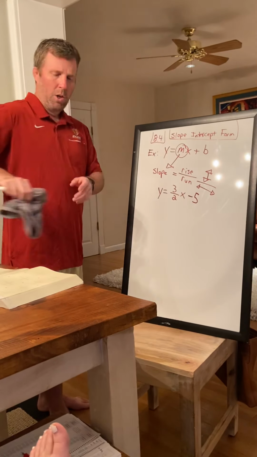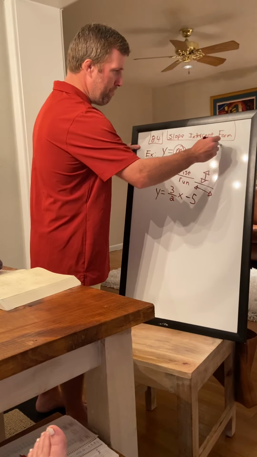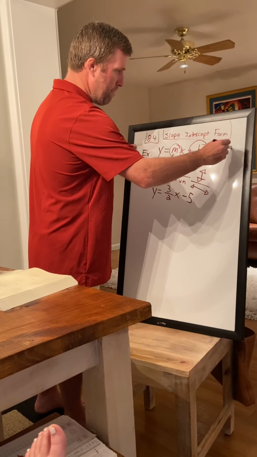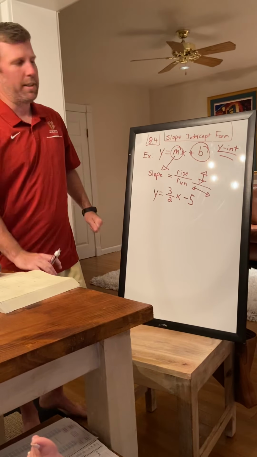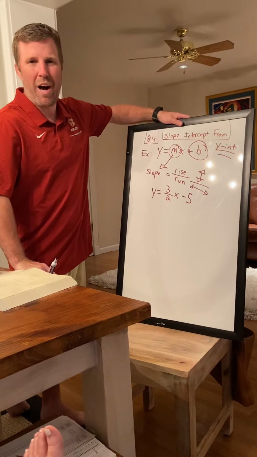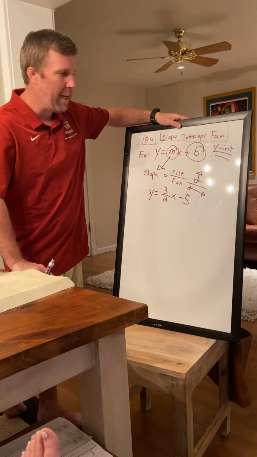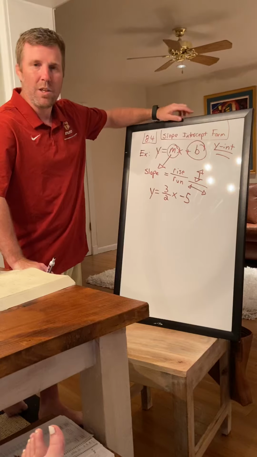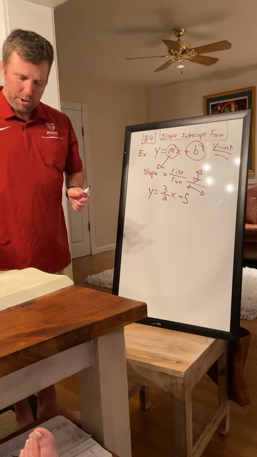Real quick before we dive into this example, the b is the y-intercept. And think about what that word sounds like. Y-intercept. It sounds a lot like intersect. And that's going to be the point where your line crosses the y-axis. So check this out.